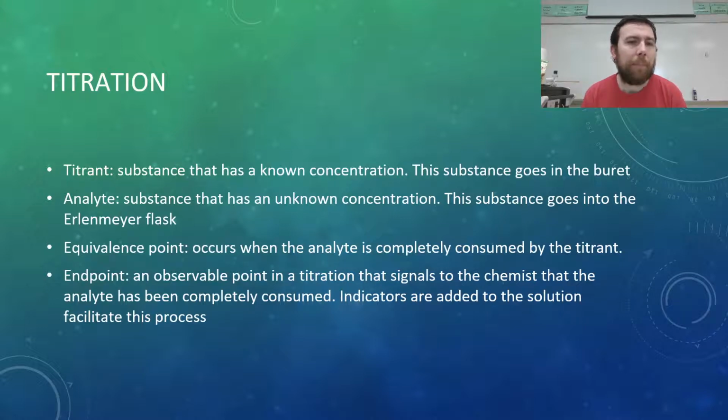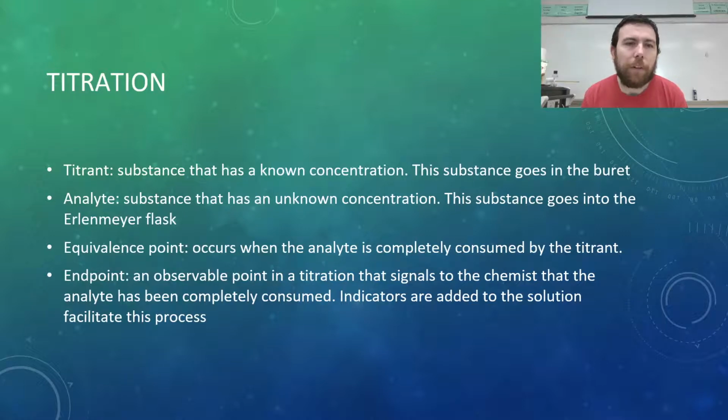Now, that means that the equivalence point and the endpoint are not the same thing. So the equivalence point occurs when all of the analyte has been consumed. The endpoint occurs once the indicator acknowledges, if you will, that all of the analyte has been consumed.